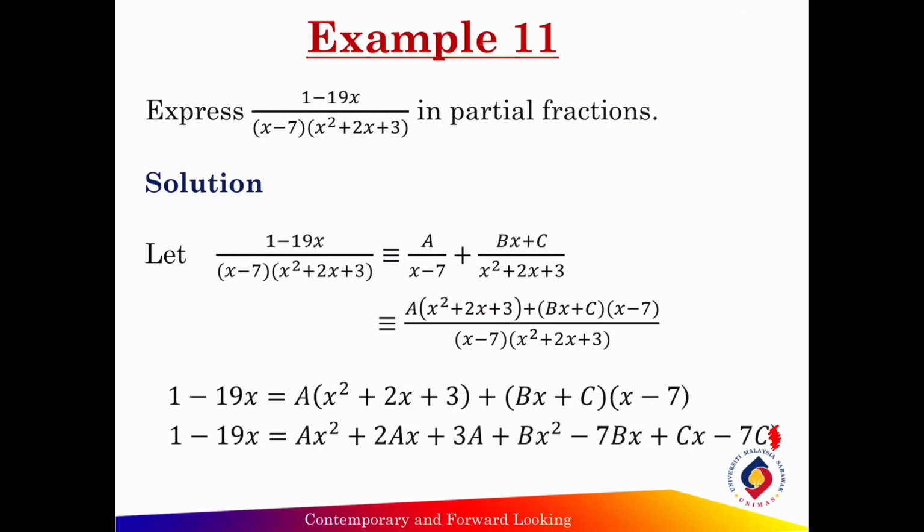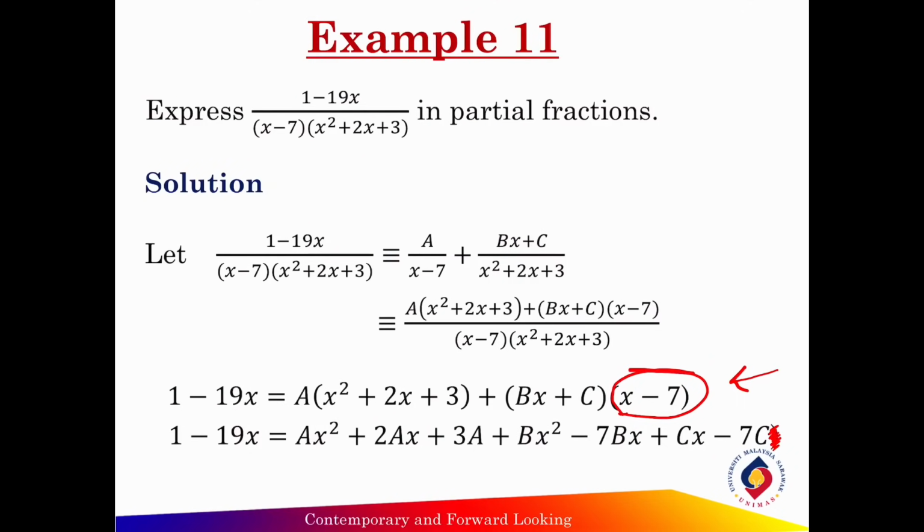For step number 4, we want to determine the constants by using the first technique. If we look at this, we can substitute the value of 7. 7 minus 7 is 0, and anything multiplied with 0 will give you 0.